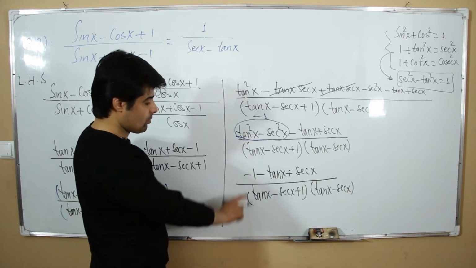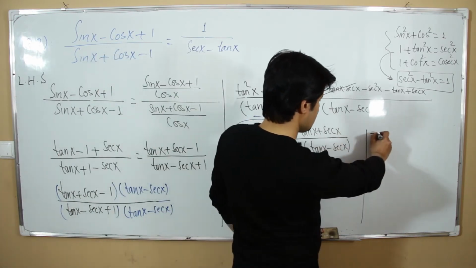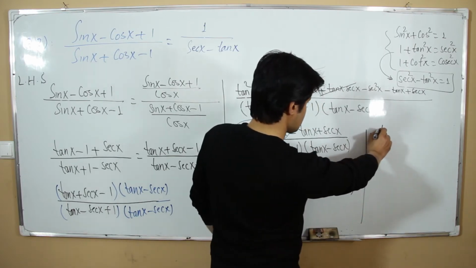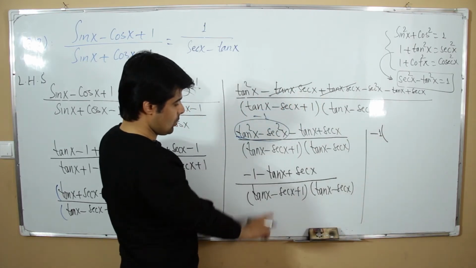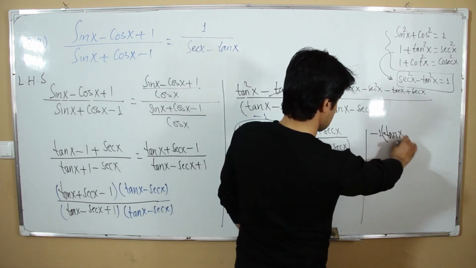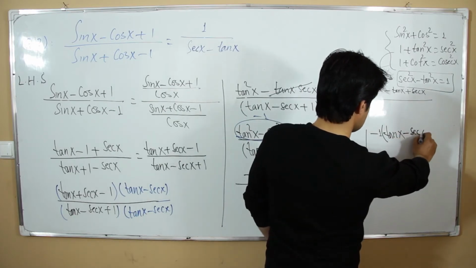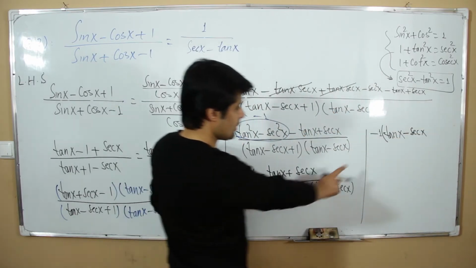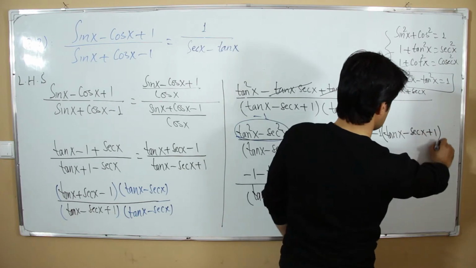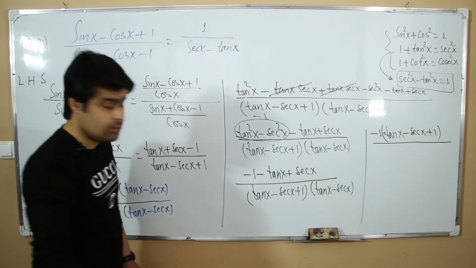If we have a factor of negative in the numerator, what will we find? Minus 1 is our factor. So this minus tangent becomes tangent x, this plus secant will be negative secant x, and this minus 1 divided by minus 1 is plus 1. Do we have this one? Yes.